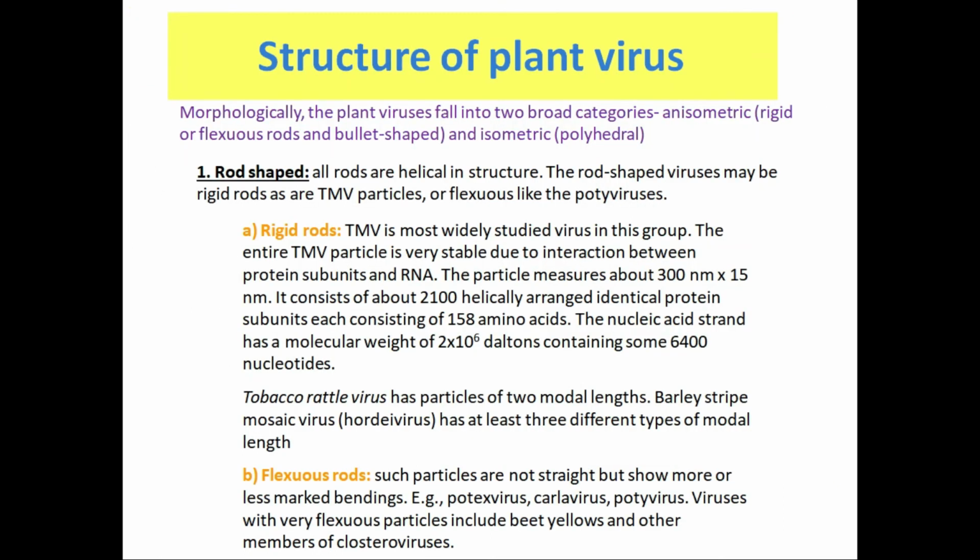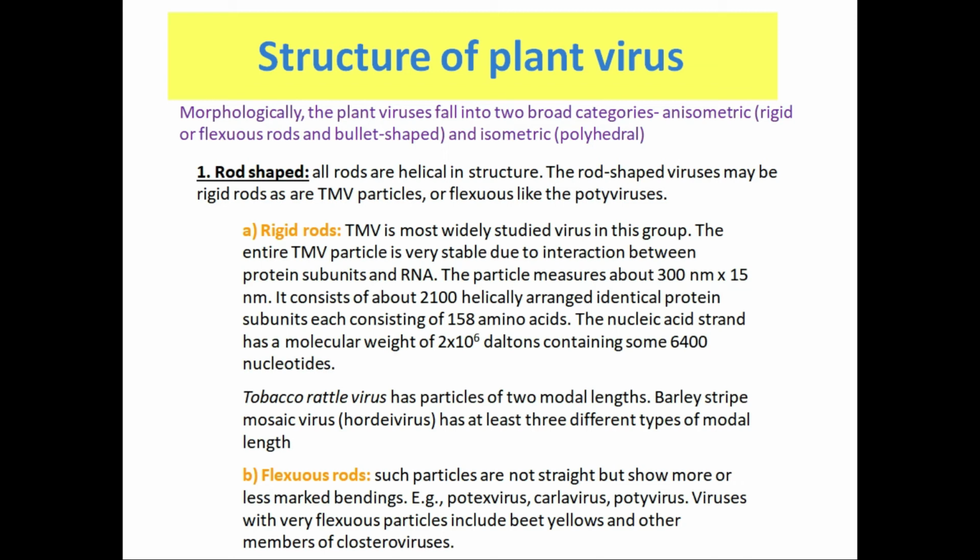So the structure of plant viruses, to put it in a summarized form, we have two broad categories of plant viruses. One is anisometric or rigid or flexuous, and the other one is isometric or polyhedral or icosahedral or spherical. These names, isometric, polyhedral, icosahedral, cubic, spherical, are used interchangeably.